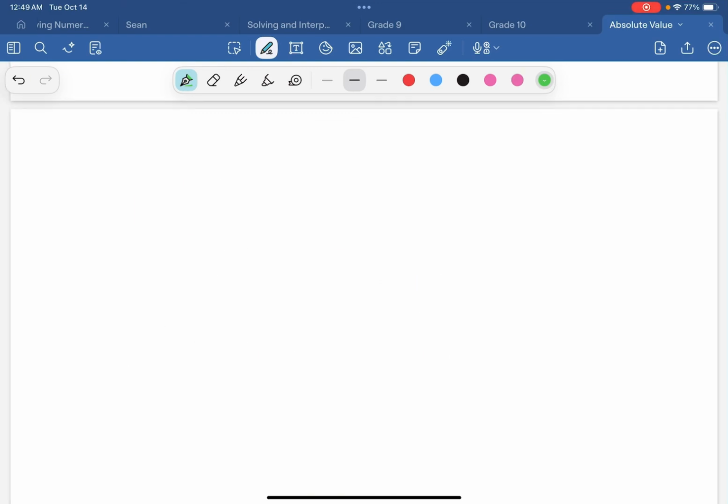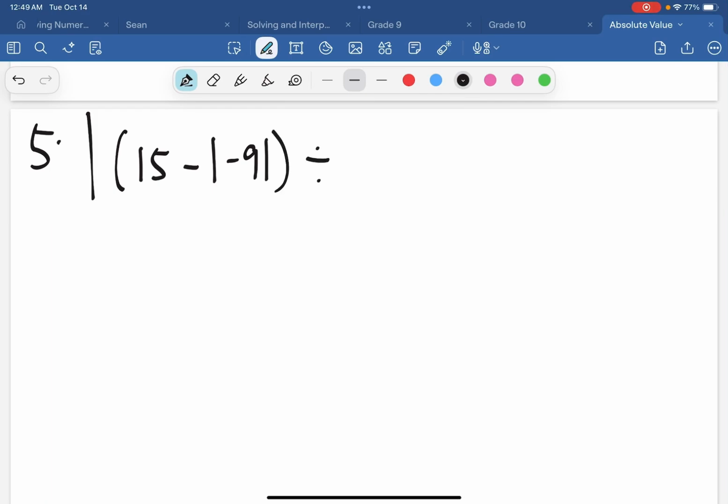Now let's have our last example. So we have here the absolute value of the quantity of 15 minus the absolute value of negative 9 divided by 2 plus 11. Okay, and let's just add another thing here. So this will be squared.